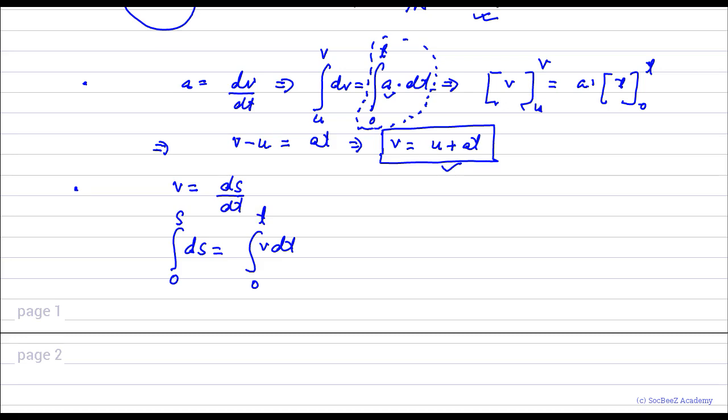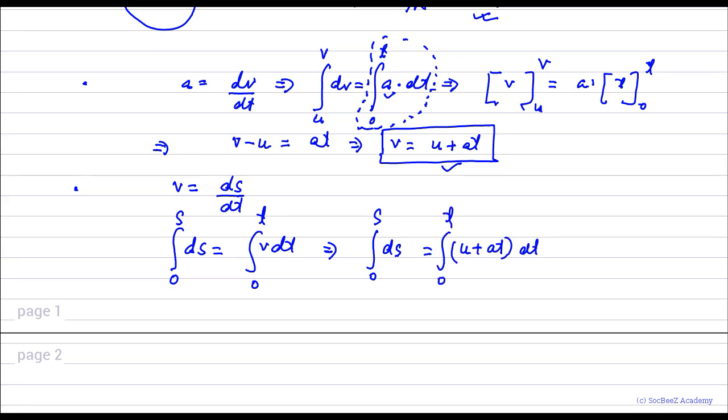So if I put in v as u plus at, I'll get ds from 0 to s equals u plus at dt, from 0 to t.